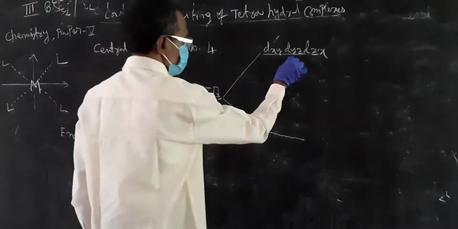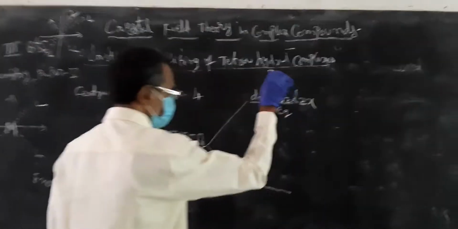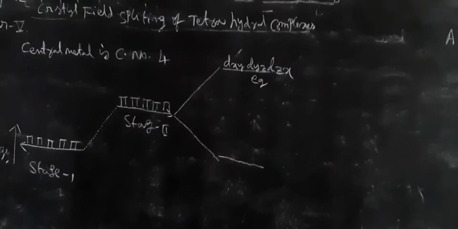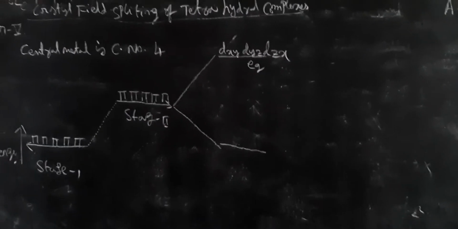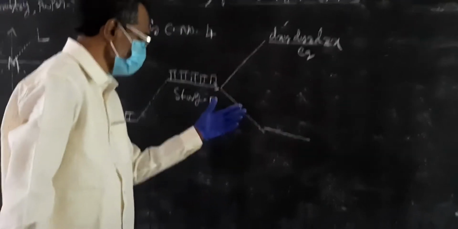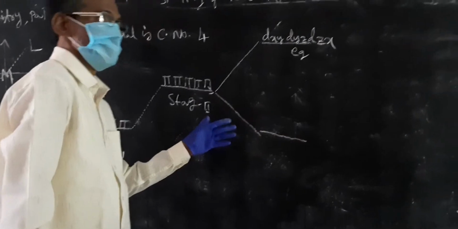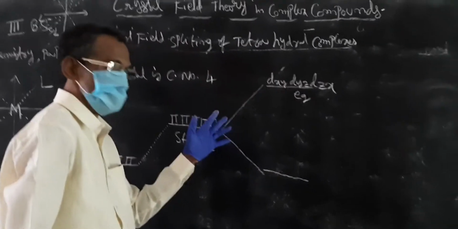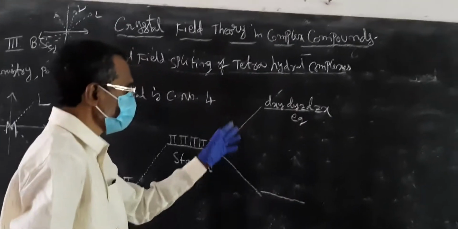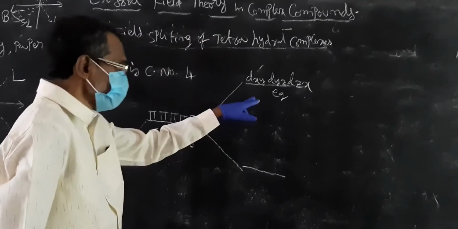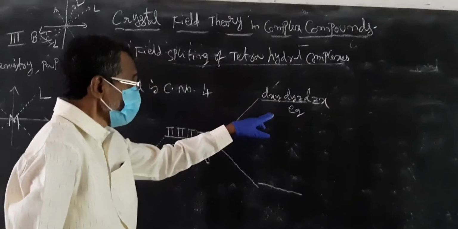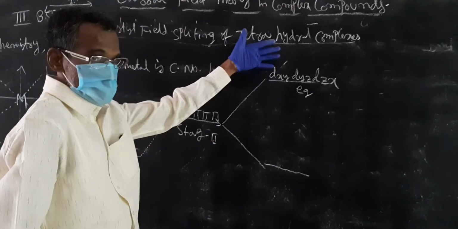In the same way, the Eg orbitals, dxy, dyz, dzx, have more repulsion with the central metal ion, so they have higher energy and are in the excited state.